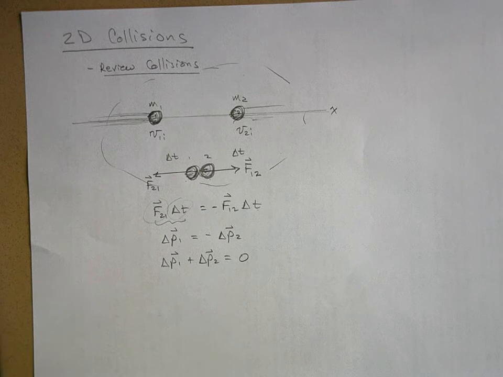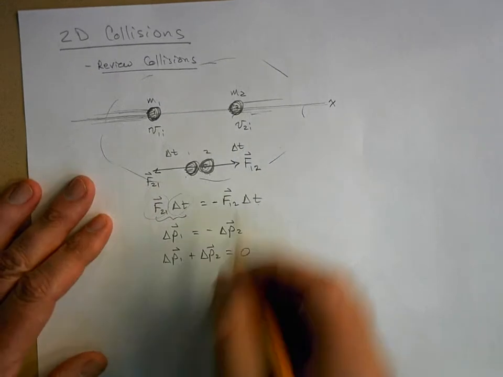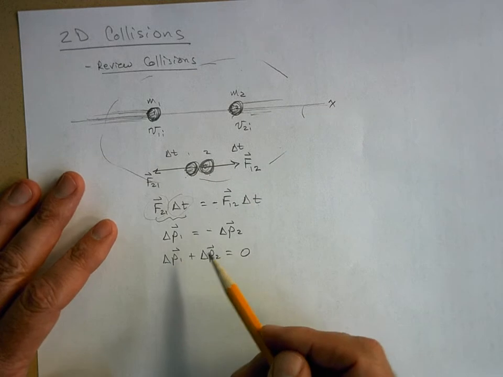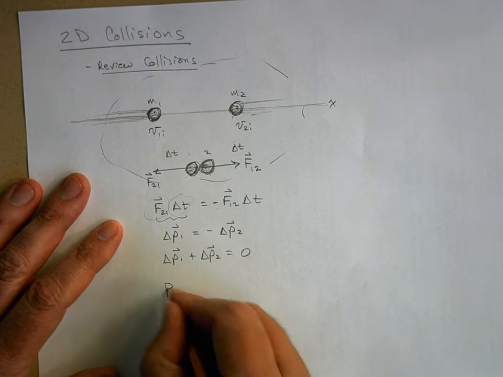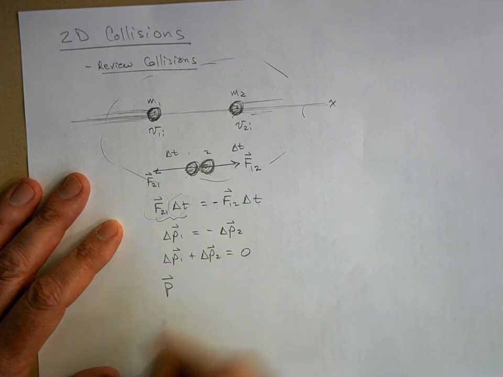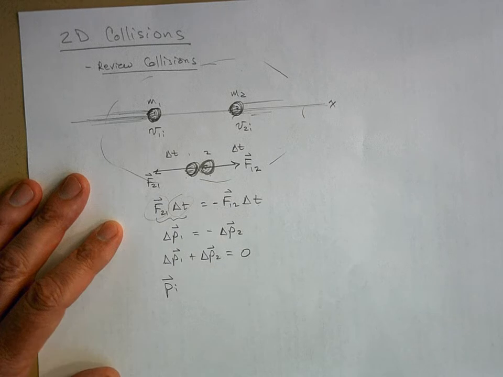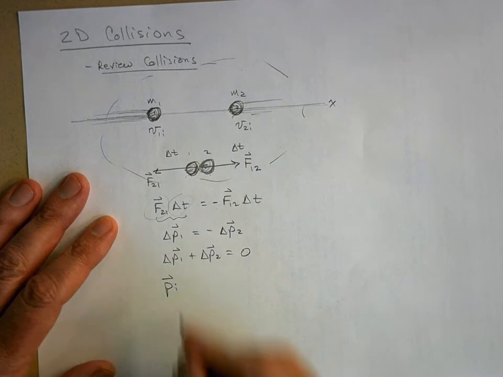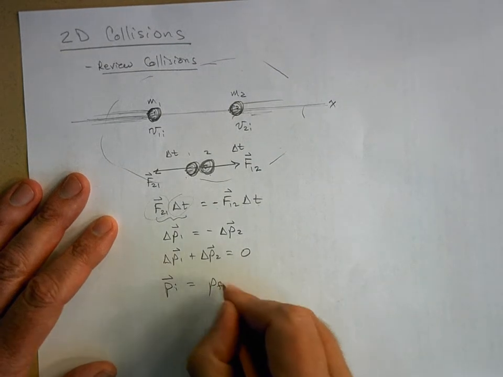Look how simple this is. Really, these ideas are not that complex, and yet out of it emerges one of the most profound ideas in physics: that if no net outside force is acting on your system, the initial momentum of your system will be equal to the final momentum of your entire system.